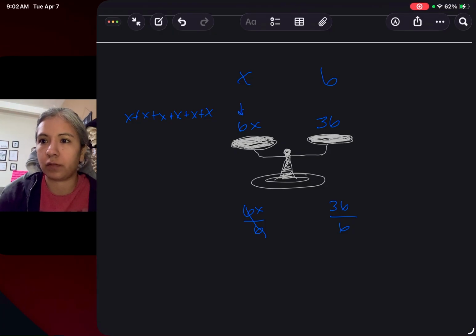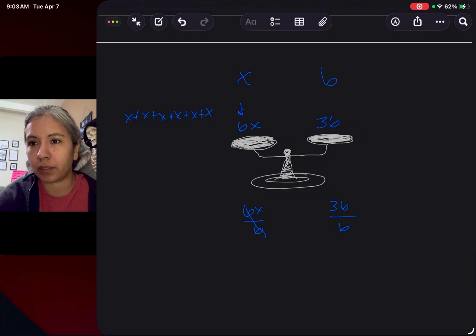Or we can also do the reciprocal, which is multiplying by 1 over 6 times 6x. Because if you multiply, it gives you the same thing, right? Because 6x times 1 is 6x over 6. Or you can go ahead and cross out the 6's first and just do x times 1, which is x.